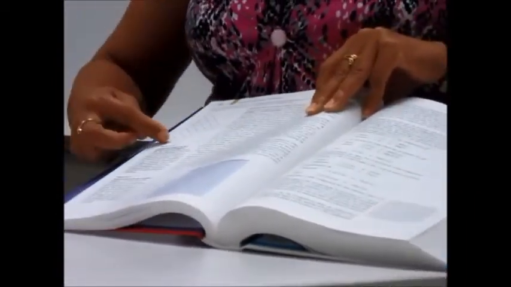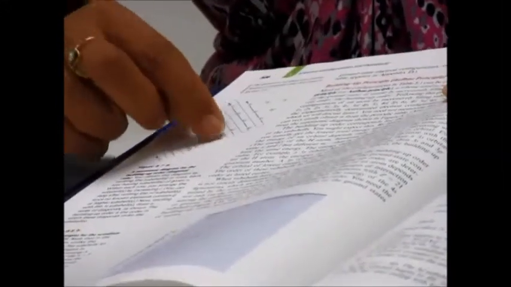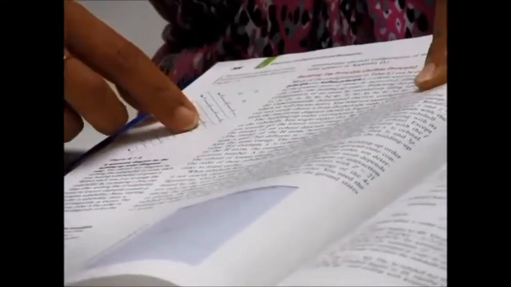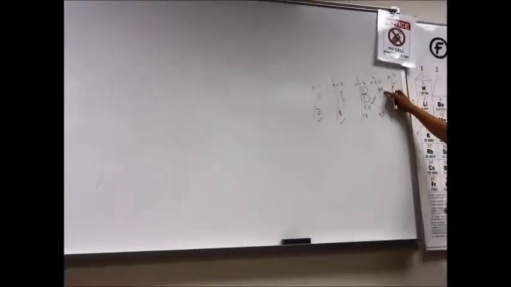So which means that you fill in the 1s first, then the 2s, then the 2p, and then the 3s, and then the 3p, and then the 4s, which means the D did not even come into picture yet, okay? So you go out first, you fill the S, okay?